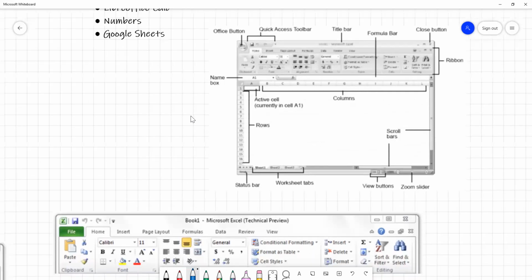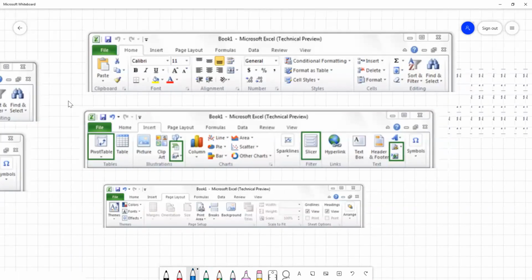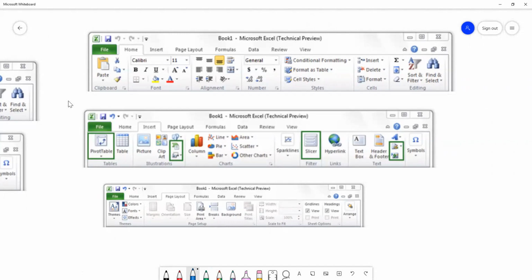Okay, and then there are a lot of tabs. So usually in Excel, we can find the Home tab where you will see general font changes, alignments, and so on. Apart from that, we can have numbers. We can decide the number of decimal places and so on. Right.